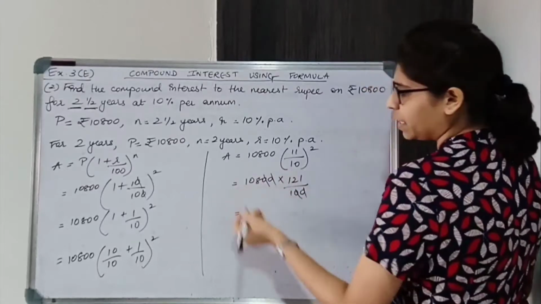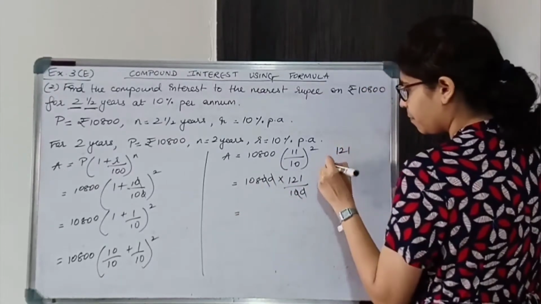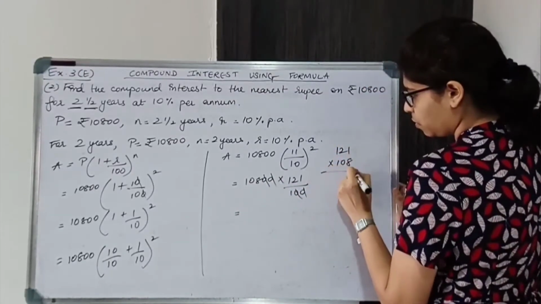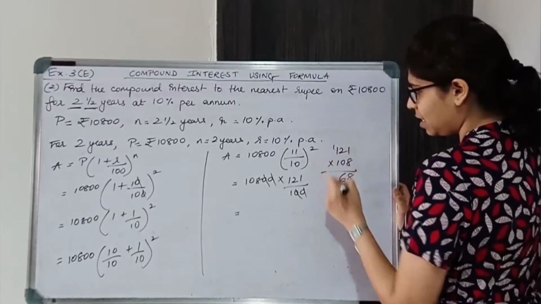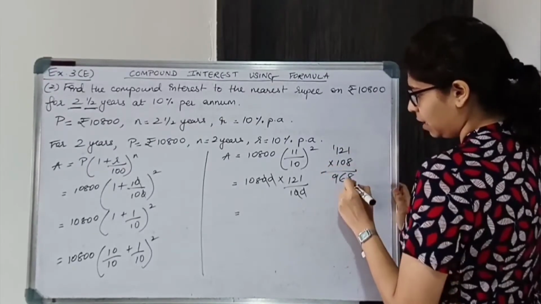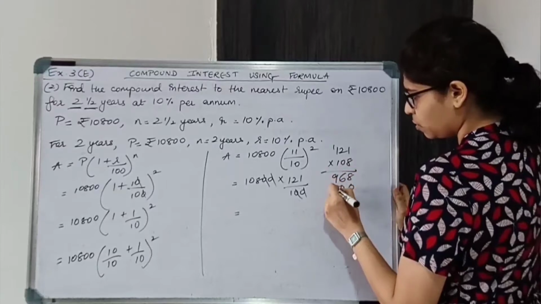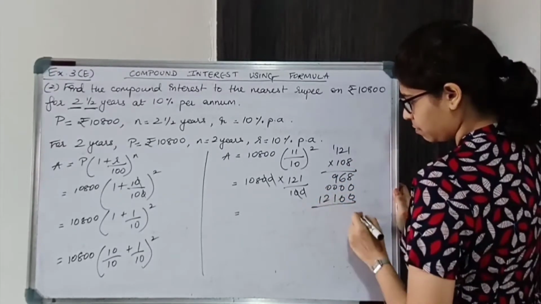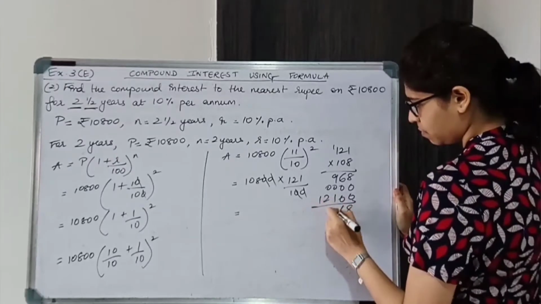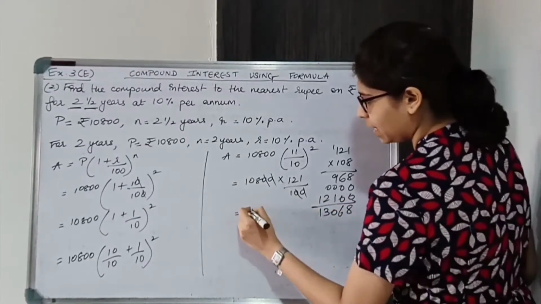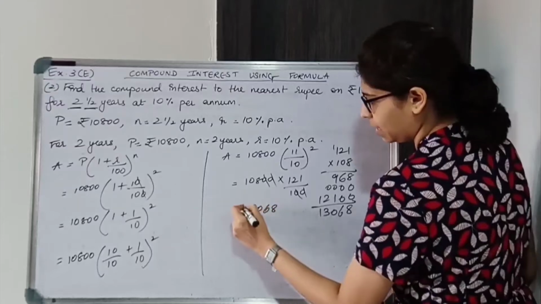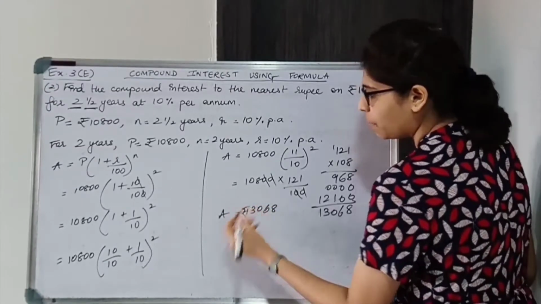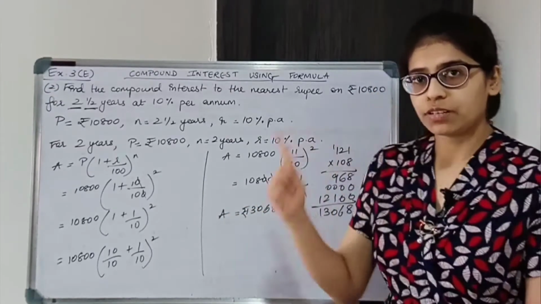So we'll get 121 into 108. So 8, 16, 8 plus 1, 9, 0. So here 0, 0, 0 and here 1, 2, 1. So we get 13068 rupees is the amount after 2 years.